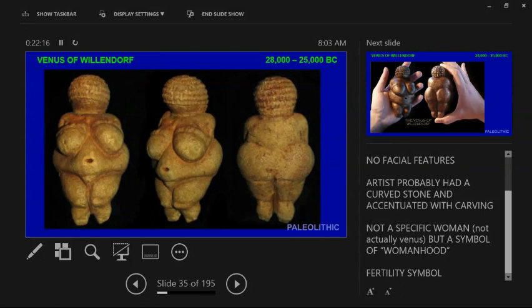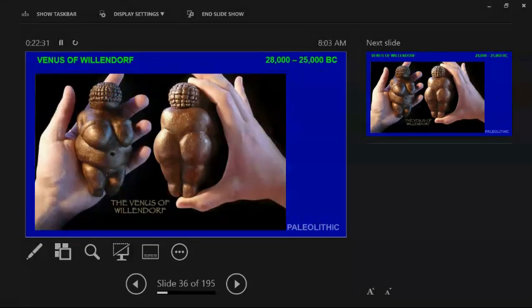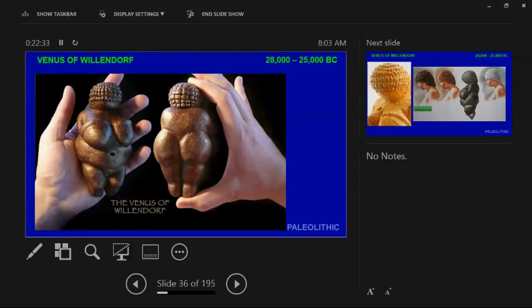I do want to point out, do you see her arms? Her arms are going up over her breasts. So she's standing like this right here. And then she's faceless and has this odd hair. We'll get a close up of that. You can see how large this figure is. By the way, that's a copy of it, not the actual thing.